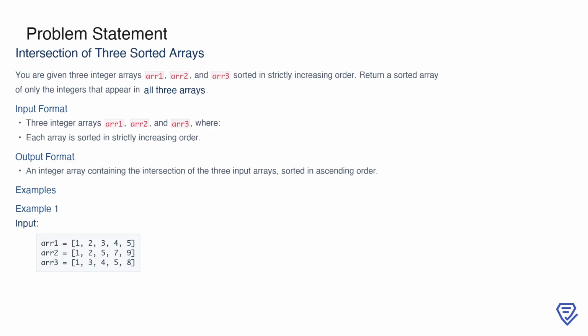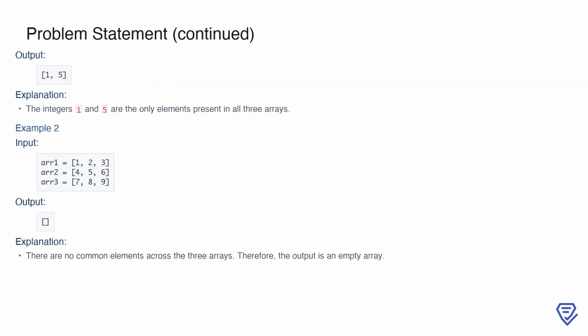Let's now look at the outputs for some examples to better understand the requirements. For the first example, the input arrays are ARR1 equals 1, 2, 3, 4, 5, ARR2 equals 1, 2, 5, 7, 9, and ARR3 equals 1, 3, 4, 5, 8. The integers 1 and 5 are the only elements that are present in all three arrays. Therefore, the output is 1, 5.